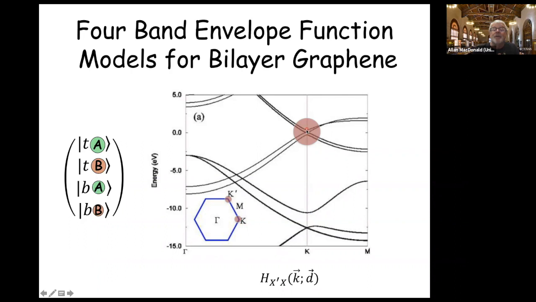There are two bands that are pushed away from the Fermi level by a few tenths of a volt, which most of the time is a large energy. And there are two bands that actually cross quadratically at the Fermi level in AB Bernal bilayer graphene. The energy scale associated with interlayer tunneling is the amount by which these two higher energy bands are pushed away from each other, maybe 4/10 of a volt or something like that, and that will be a high energy for the rest of my talk.